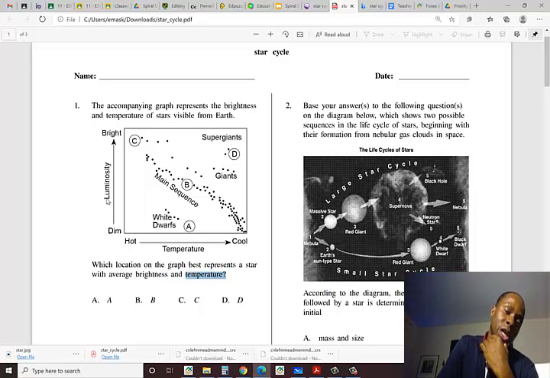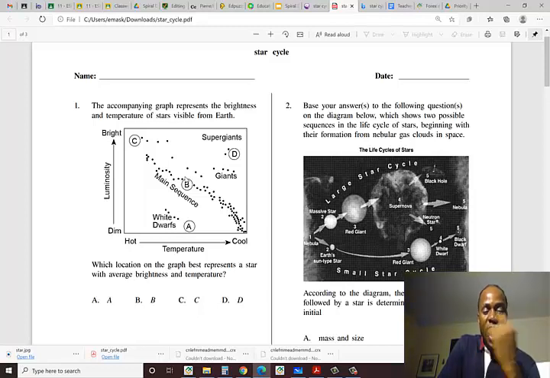So let's first look at the brightness. Brightness is luminosity, as we've learned from our vocab and from our previous lesson. So average luminosity will be something in the middle. I'm going to extend that, and I can see that this area marked B would be a good representation for average luminosity.